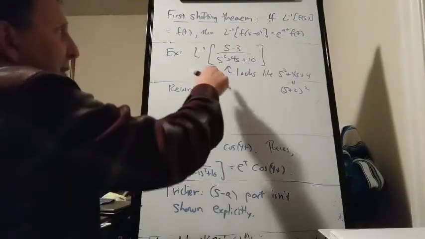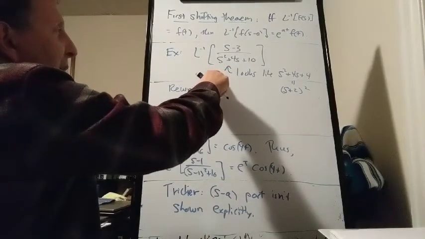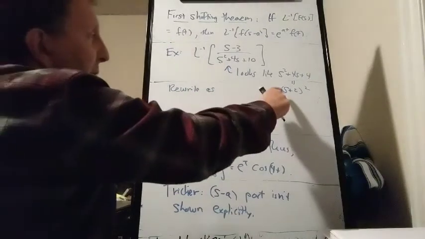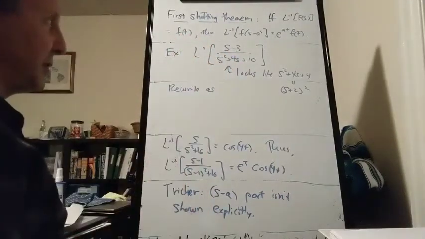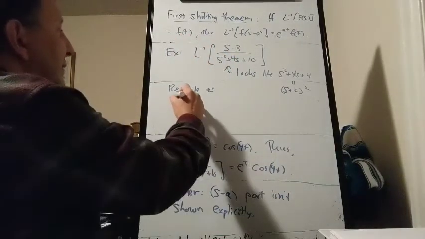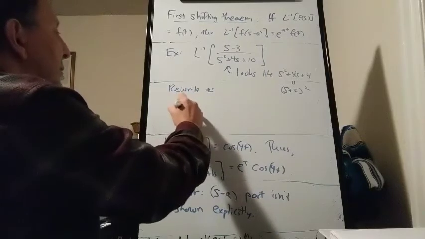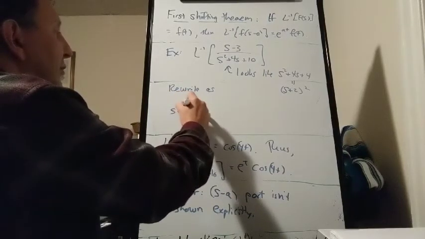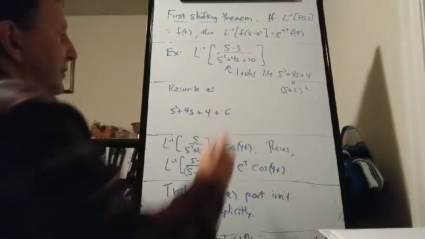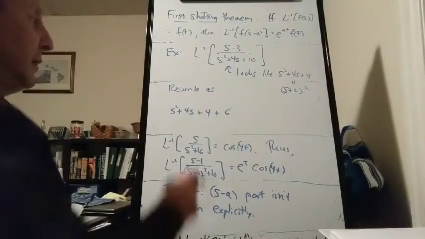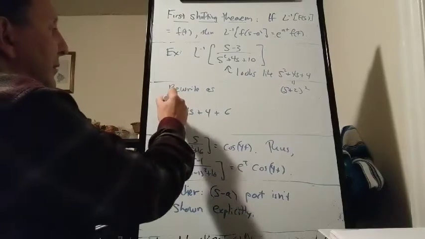So in the denominator we wish we had s plus 2 squared, because we see a little bit of s plus 2 squared, we can rewrite this as s squared plus 4s plus 4 plus 6. And then this is s plus 2 squared.